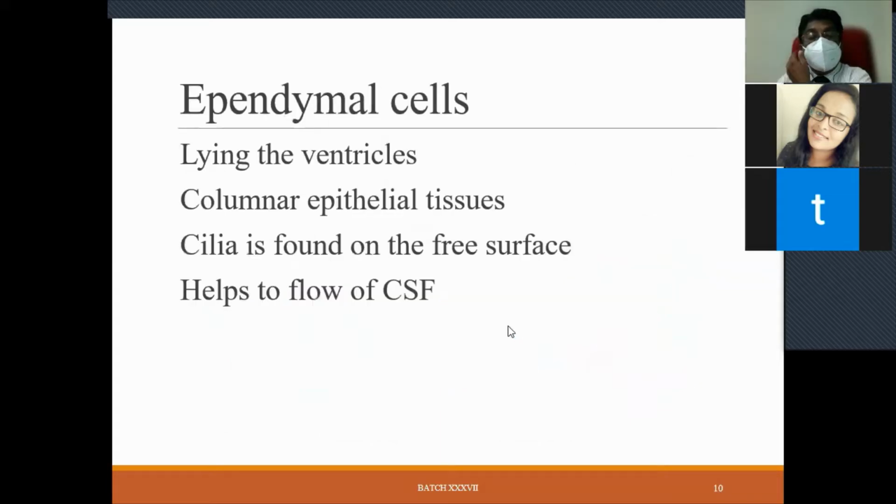Then the last supporting type of cell is the ependymal cell. Ependymal cells lie within the ventricles. I hope that you heard about ventricles when the video showed the deep structures of the brain.